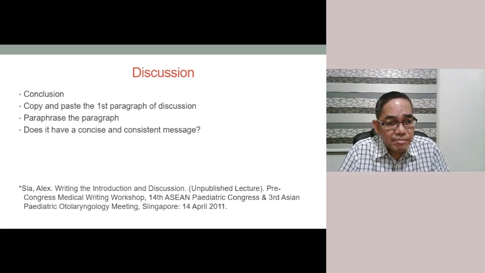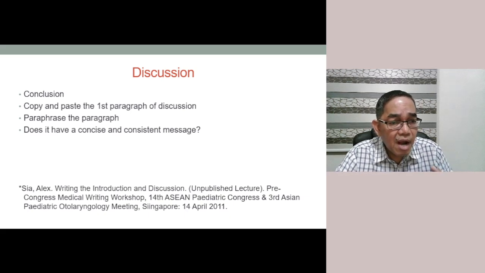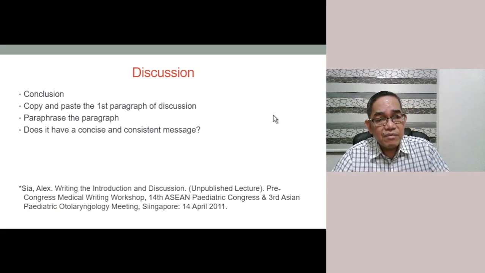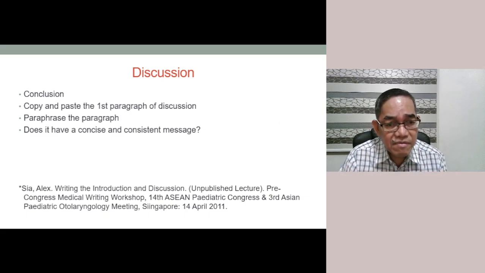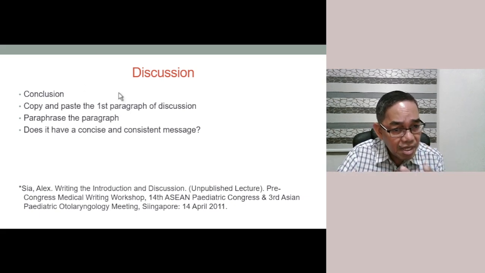This should be the last paragraph. In the conclusion, you actually copy and paste the first paragraph of the discussion. We talked about the first paragraph as the summary of the main findings. So you copy that first paragraph and paste it to the last paragraph, and that will serve as your conclusion.